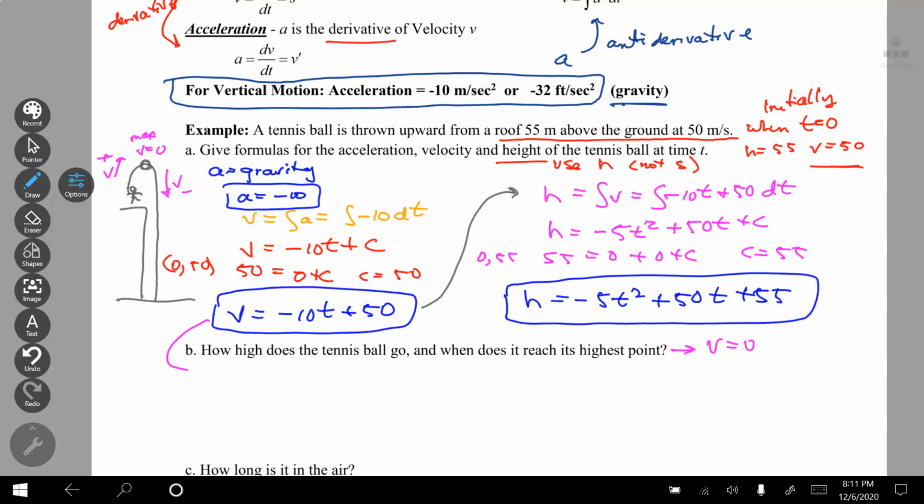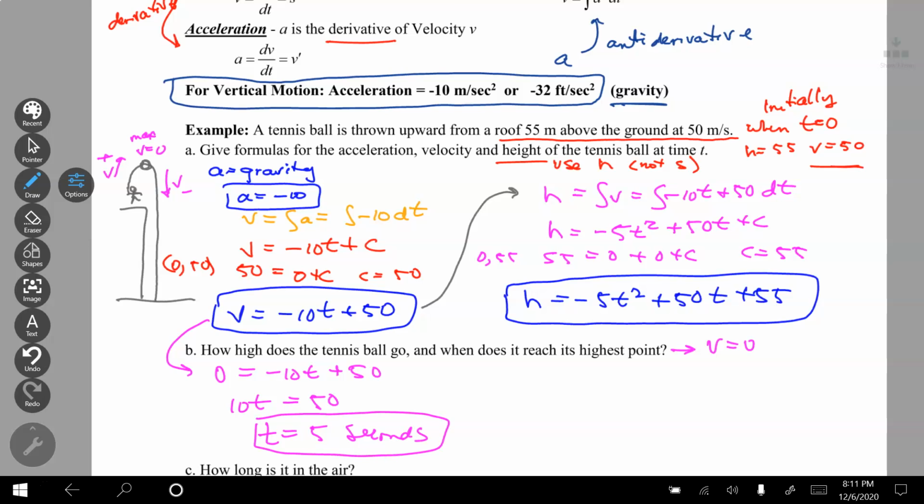So I'm going to take my velocity equation, set it equal to 0, and I get 10t equals 50, or t is equal to 5 seconds. And that's when it hits its max.